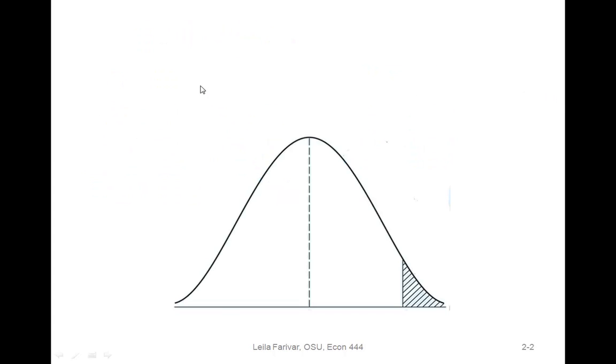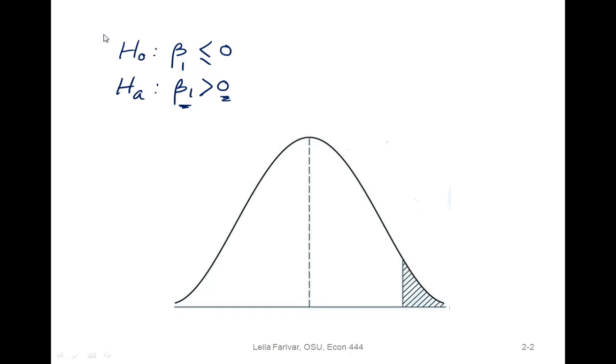Let's start with a right tail test. So let me rewrite the hypothesis here. Beta 1 smaller than or equal to 0 versus the alternative that beta 1 is larger than 0. This beta 1 having values to the right of 0, the hypothesized value, makes this test a right tail test.